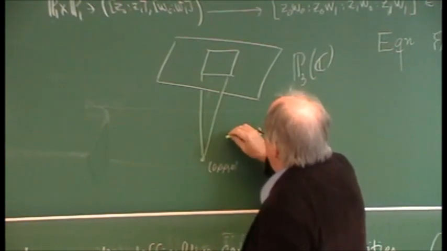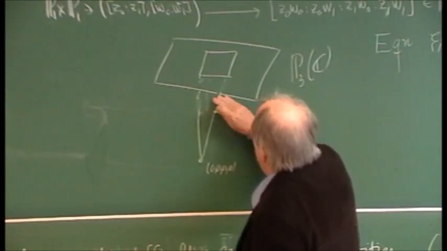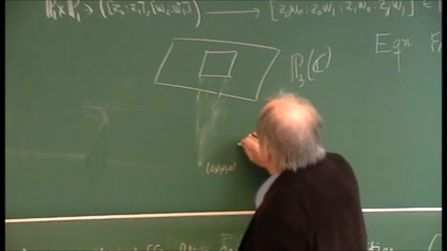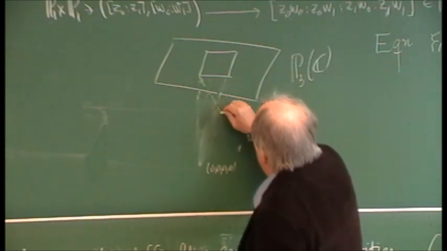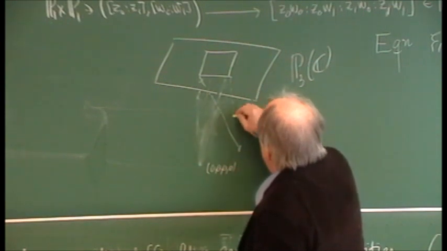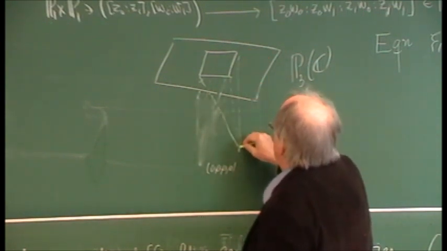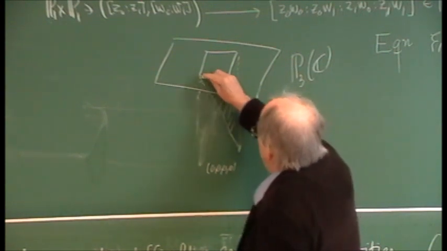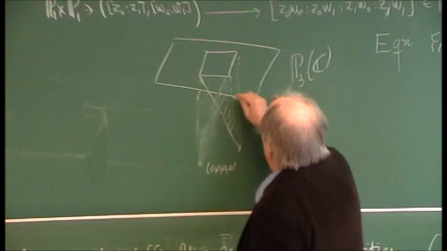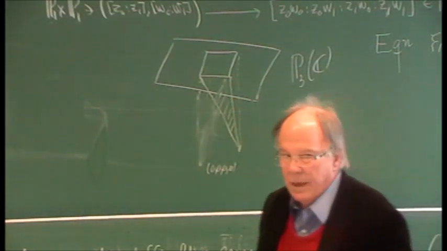Let me get a little better at drawing so you can see it better. Maybe I put the origin here. Here's the cone over this side, and here's the cone over this side. That's one side, and there's another side.